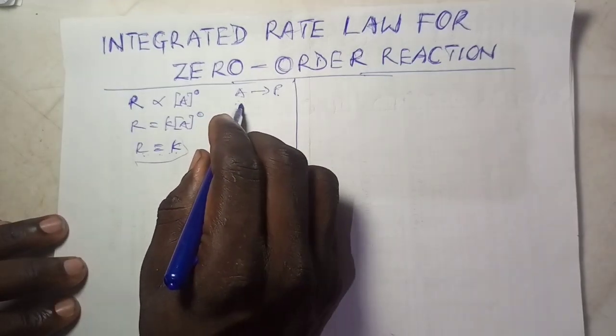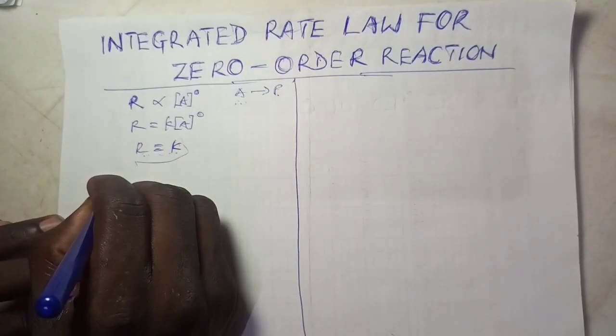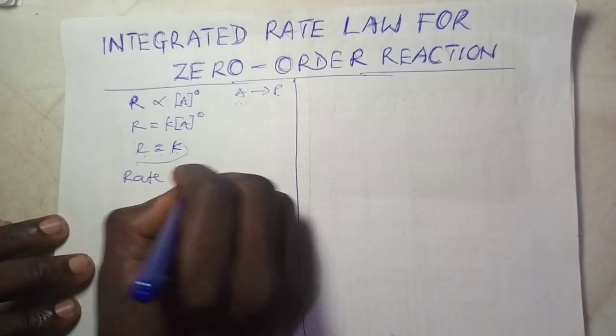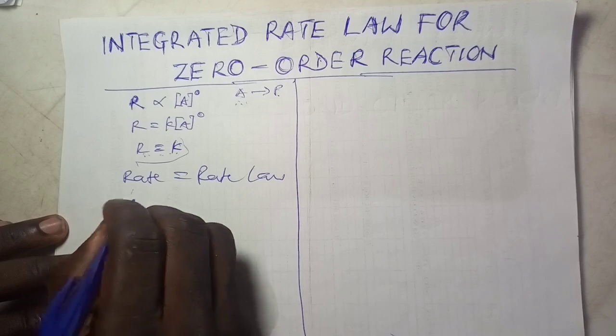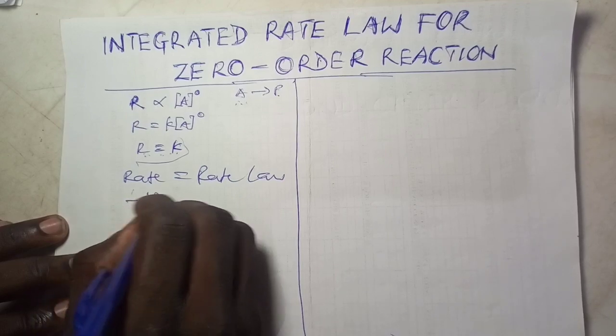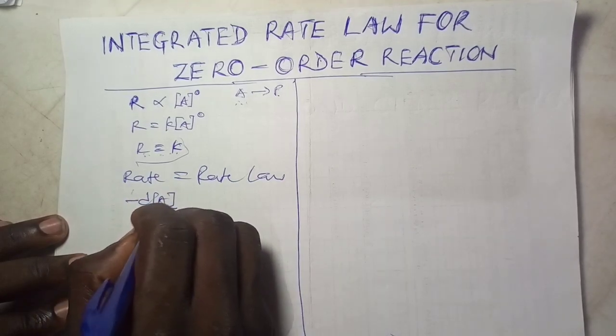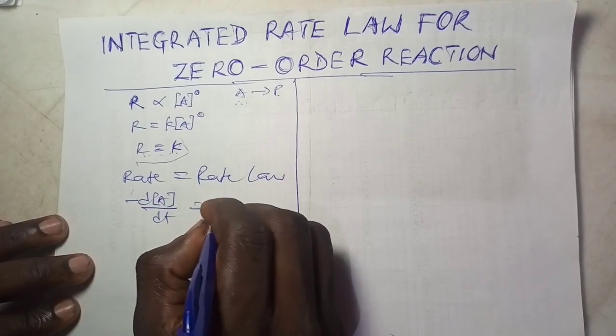If this is considered as zero order, you have rate is equal to rate law. What is our rate now? We have minus d concentration of A over dt is equal to what?